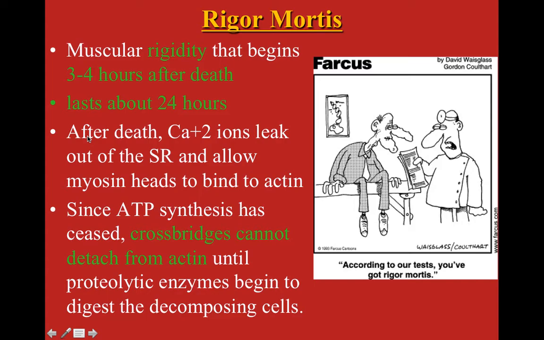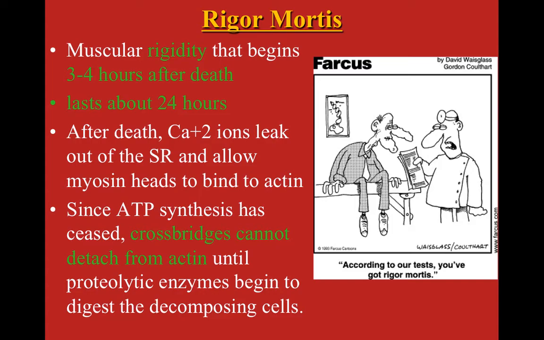So why is this? What causes rigor mortis to occur in a person who has passed away or another animal? After death, the calcium ions are going to leak out of the sarcoplasmic reticulum, because remember there was a pump to keep them in there, to keep that concentration up.